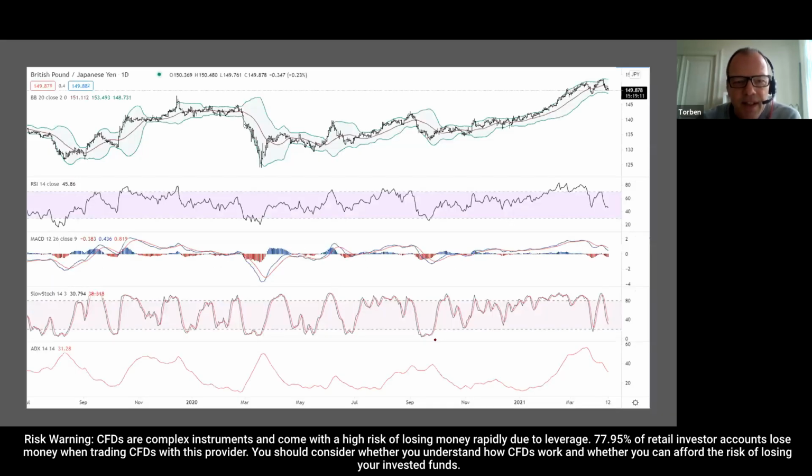Okay. So this is just an overview, and this is what we will be looking at today. We'll be looking at the Bollinger Band, the RSI, which is one of the most common and most used, the MACD, also very used and very common, slow stochastic, and finally the ADX.